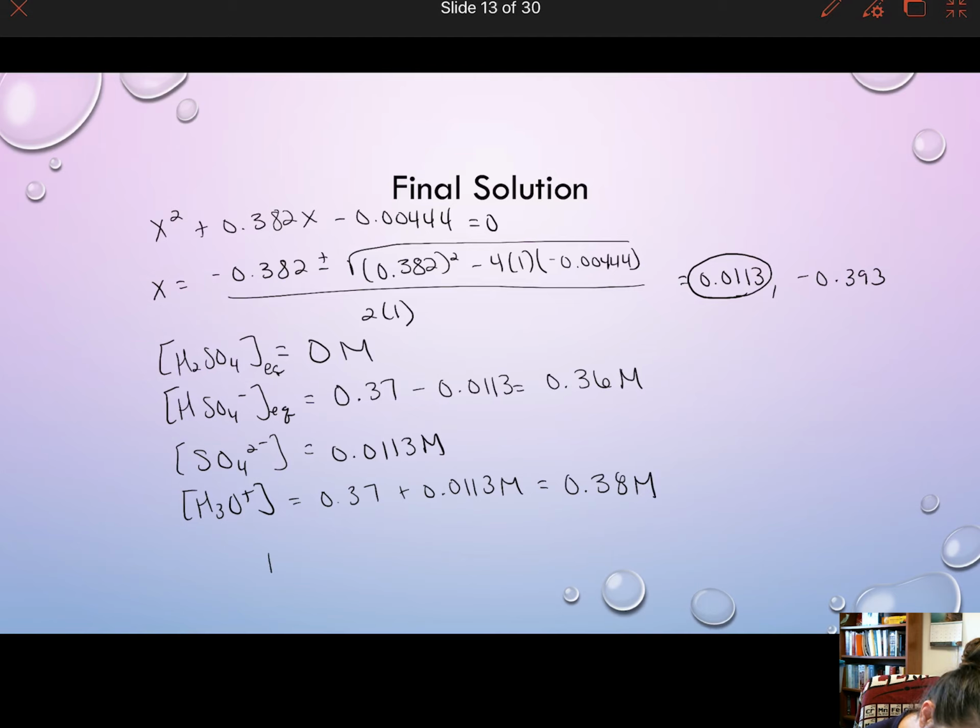And now that we have that, we can solve for our pH. pH is equal to negative log 0.38, giving us a value of 0.42.